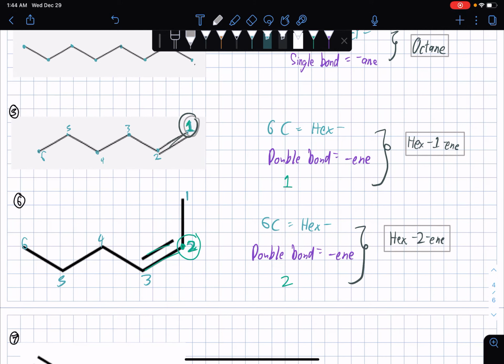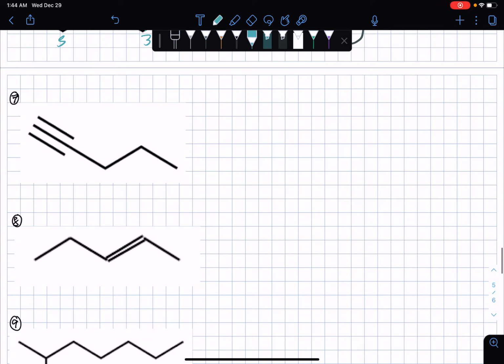Alright. Let's move to number 7. Starting from here, because we know that the triple bond is located here, the starting line, you know the drill. We don't start here because it's really far from the possible double or triple bond. Should the hydrocarbon structure not consist of a double or a triple bond, we wouldn't have to mind where we start counting the number of carbons.